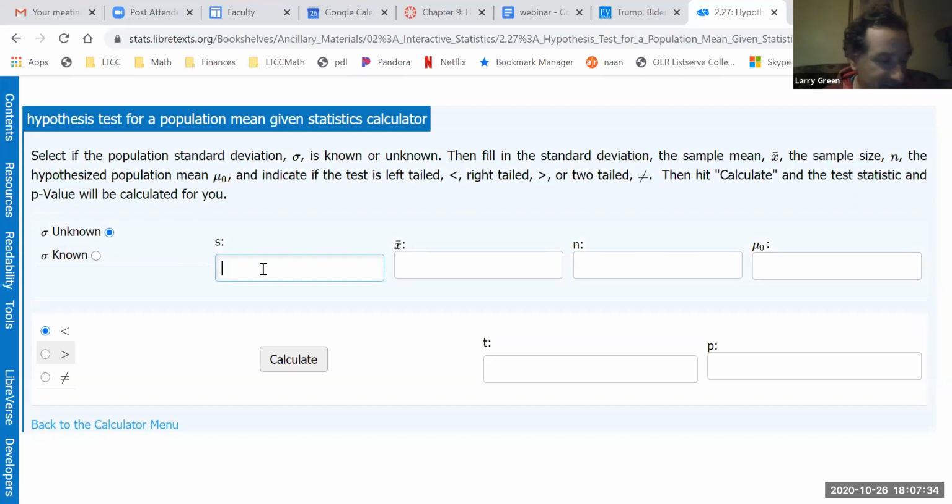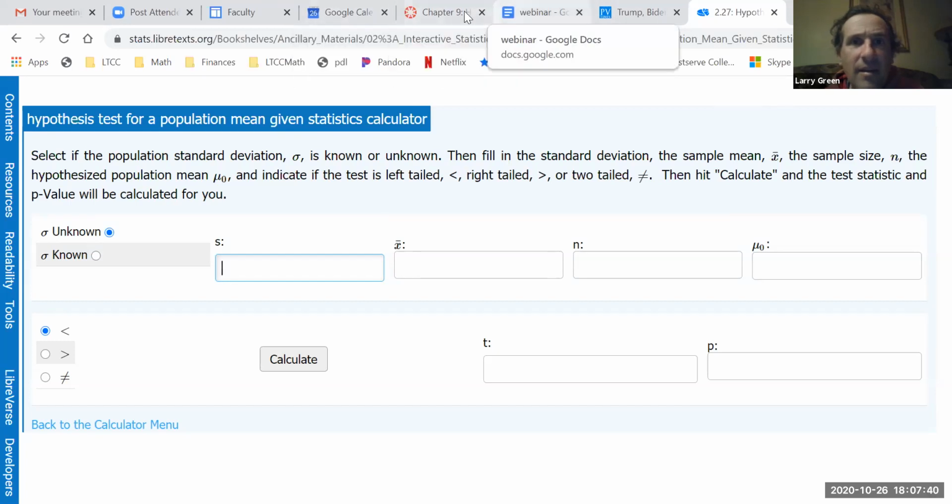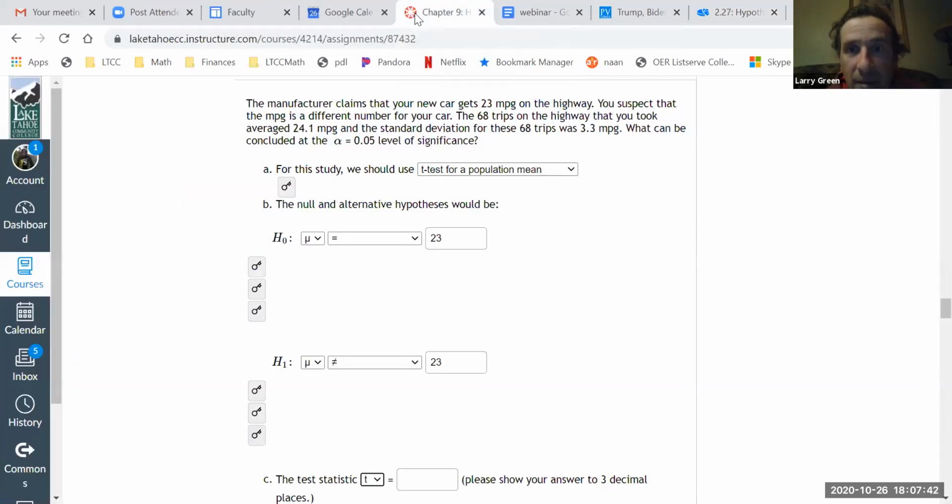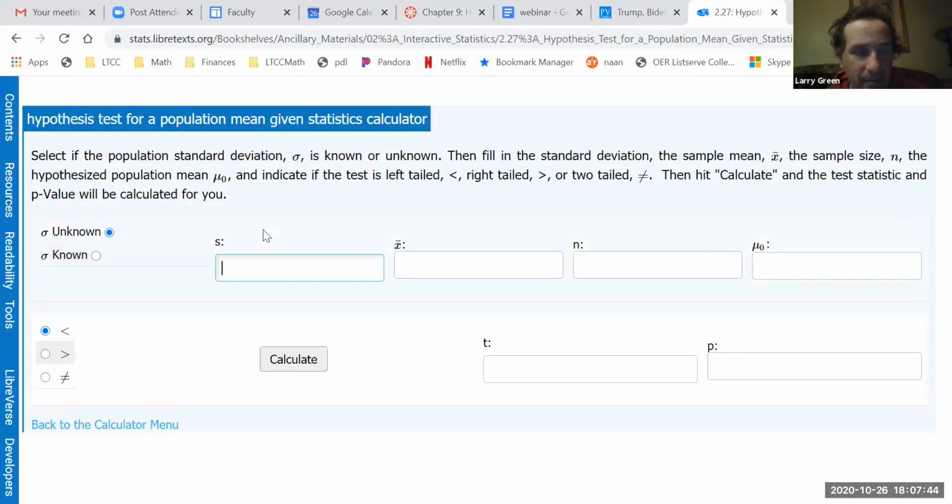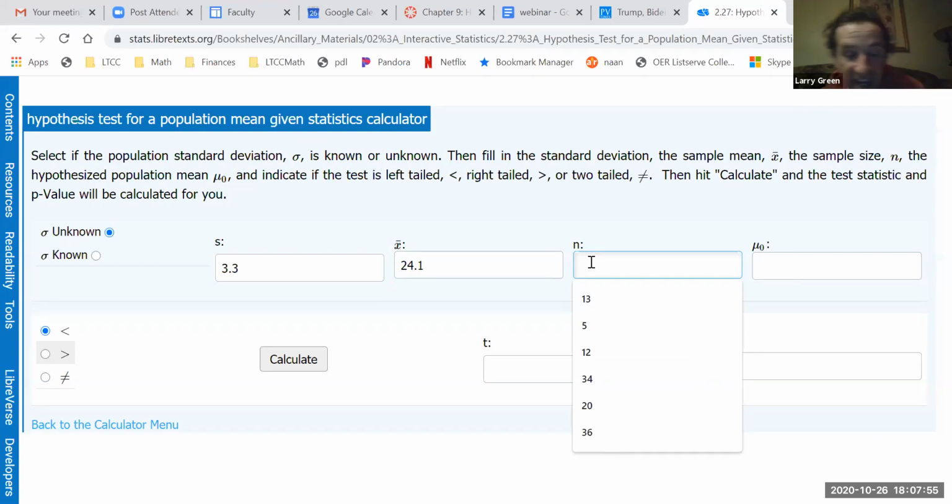So our S was 3.3, I believe. Let me double check. Yeah, 3.3. Our X bar was 24.1. Our N was 68.